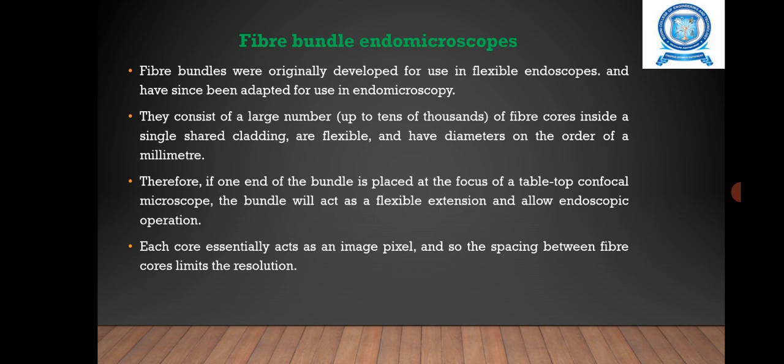In a coherent fiber bundle, the relative positions of the cores are maintained along the fiber. It means that an image projected onto one end of the bundle will be transferred to the other end without scrambling. Also, if one end of the bundle is placed at the focus of a tabletop confocal microscope, then the bundle will act as a flexible extension and allow endoscopic operation.